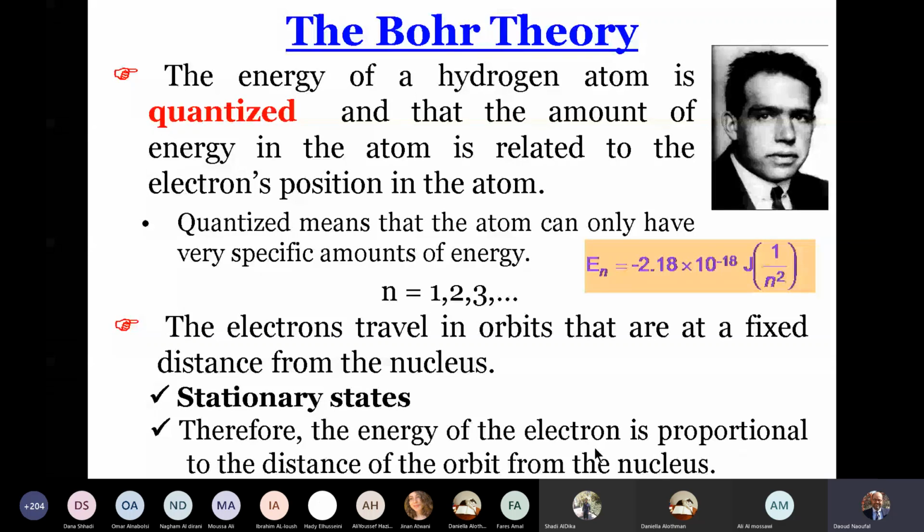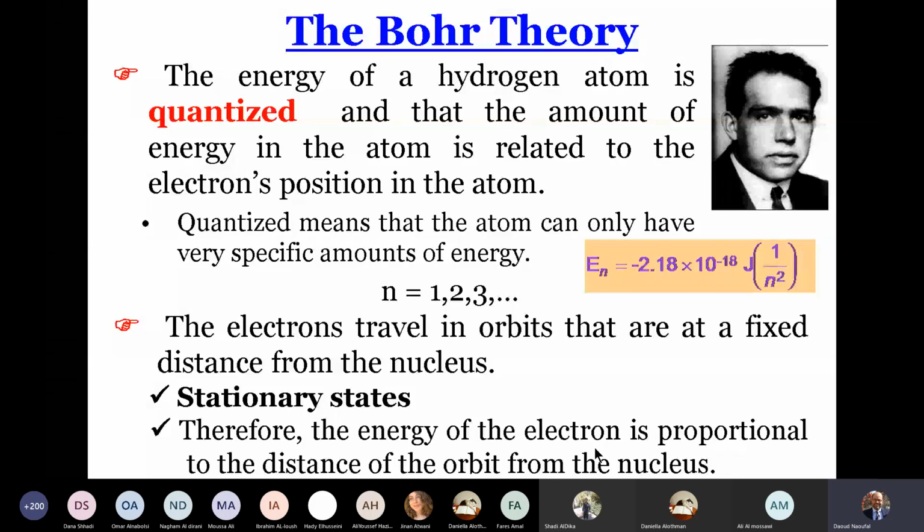In other words, suppose I have a hydrogen atom and I have one electron. What is the place of the electron? I will suppose that the electron is found on level 1. Bohr supposed that the electron is found on an orbit, which is a place. And this orbit has a known energy and a known distance from the nucleus. We can calculate the distance of the orbit from the nucleus and the energy of the orbit.